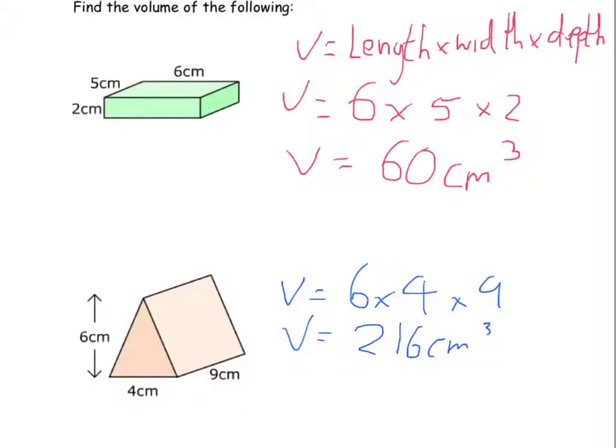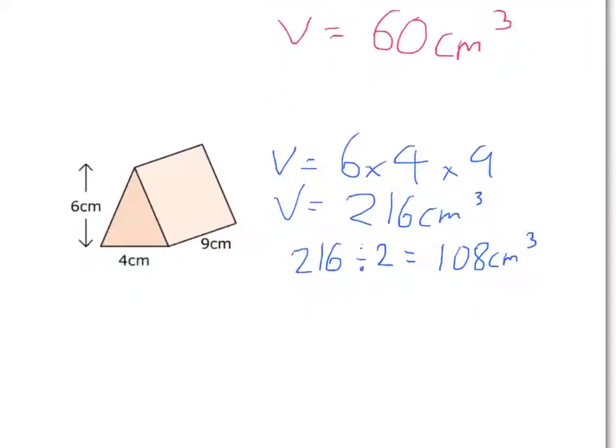But that would be for a cuboid, and we've got a triangular prism, which we said is half of a cuboid. So finally, we've got to do 216 divided by 2, which is 108 centimetre cubed. So remember, the equation for finding the volume of a cuboid is length times width times depth.